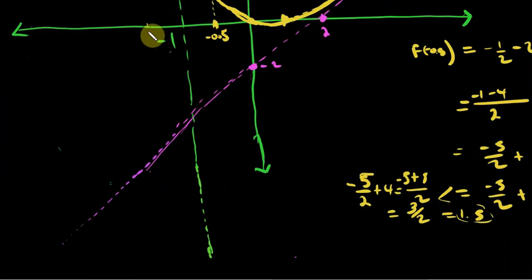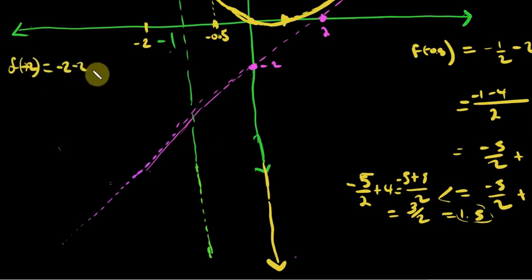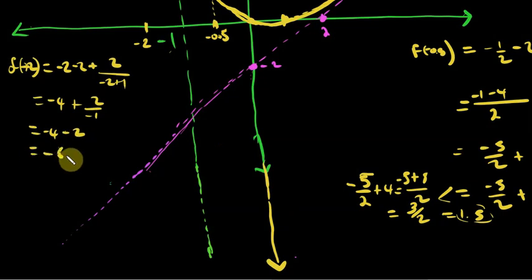When x is minus 2, what is y? Minus 2 squared minus minus 2, plus 2, over minus 2 plus 1, which is minus 4 plus 2 over minus 1, giving minus 6.